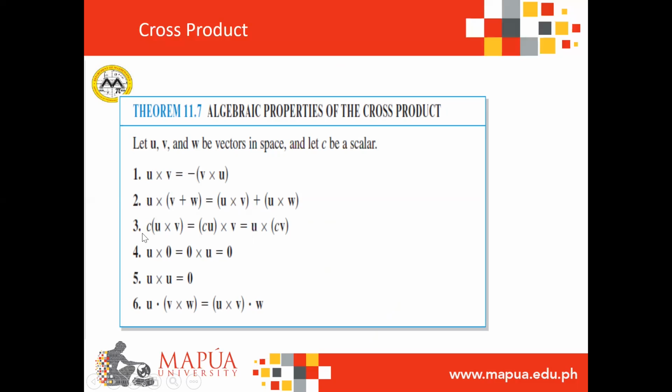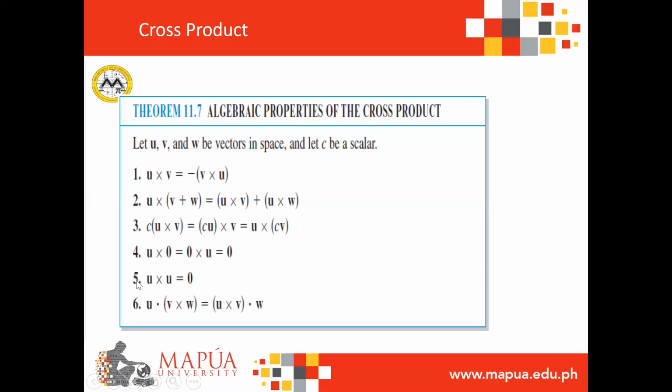For the third property, which involves a scalar multiplied by a cross product of two vectors, C times U cross V equals CU cross V, which equals U cross CV. For the fourth property, if we have vector U cross the zero vector, it is also equal to the zero vector cross vector U, which equals the zero vector.